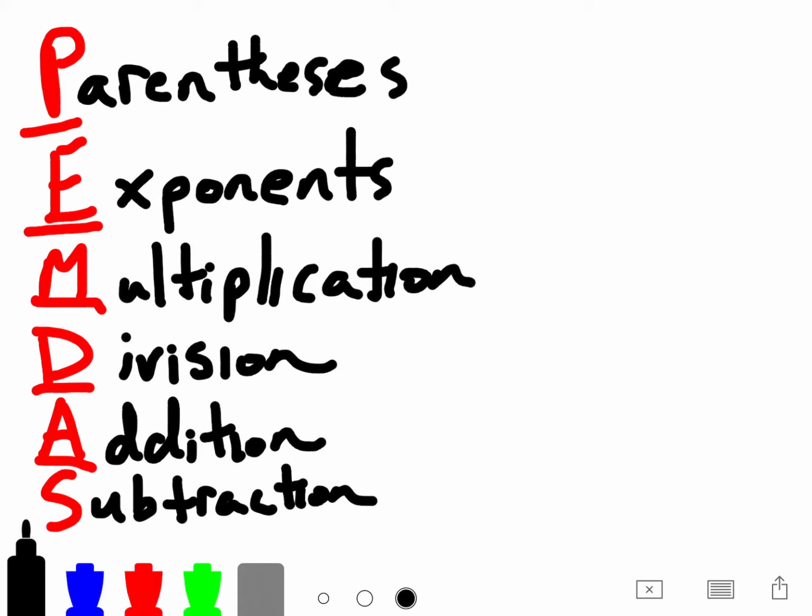So these are our order of operations, and we do them from the top one down to the lowest one. So if there are no parentheses, if there are no grouping symbols, then we go to exponents. If there are no exponents, we go to multiplication and division. Once we're done with multiplication and division, we go down to addition and subtraction.